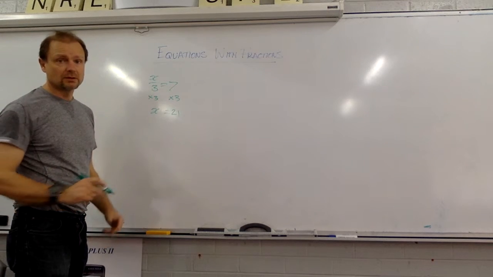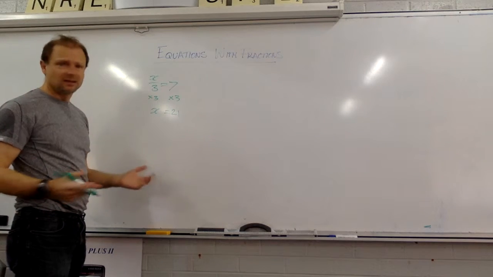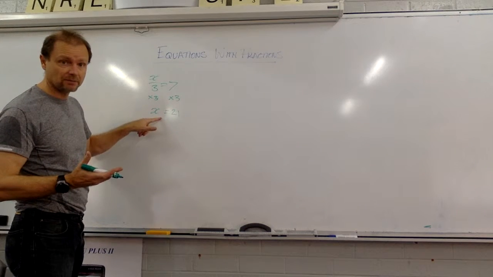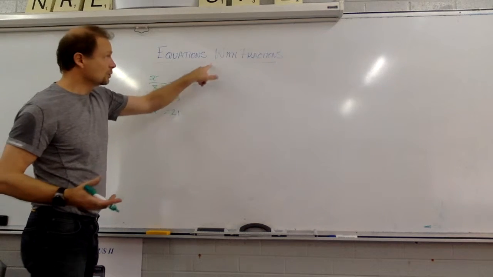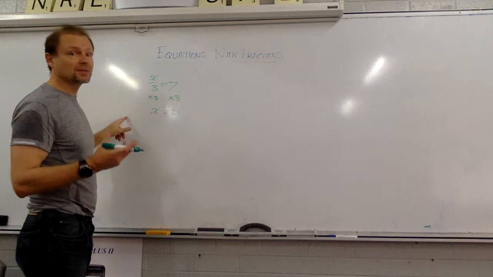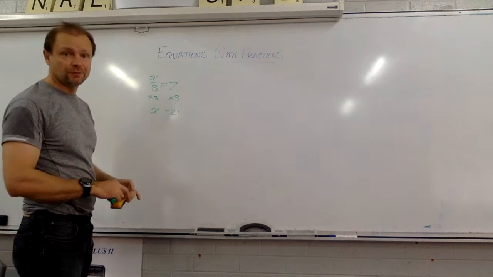You've got it. Right? So the simple answer to that one is x equals 21. Did I have to think about it? No. I did the simple maths up here, and it spat out the answer at me. Okay, is that easy? That's equations with fractions. That is the very simplest form. And we're going to do something that's a little bit harder than that in my next few examples.